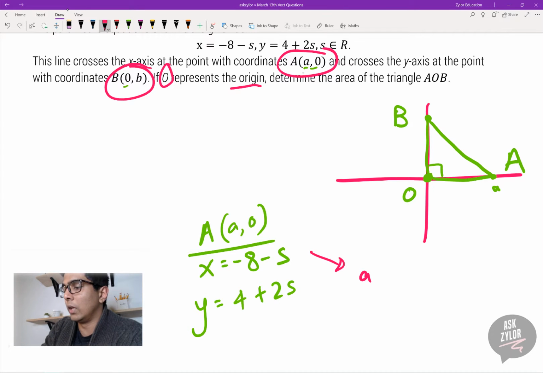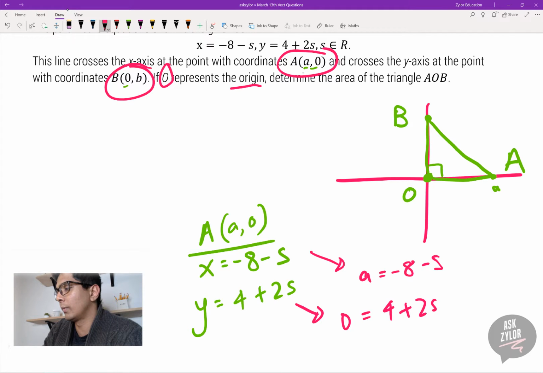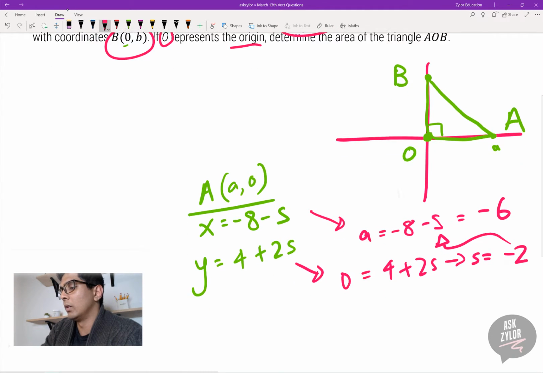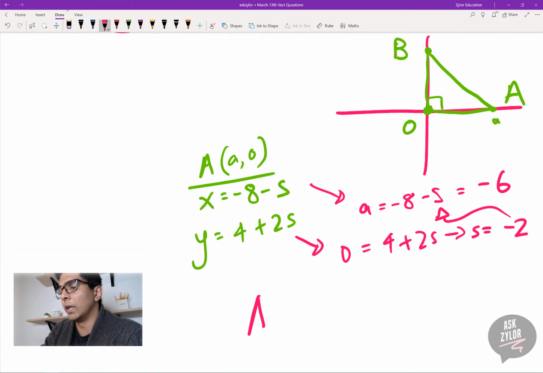This is going to give me a equals negative 8 minus s, and then I'm going to plug in 0 for y. It's going to be 4 plus 2s. So my s is going to be negative 2. And then if I plug s back into this equation, I have negative 6. So I found my A value, which means I found my A coordinate. So I have negative 6 and 0.